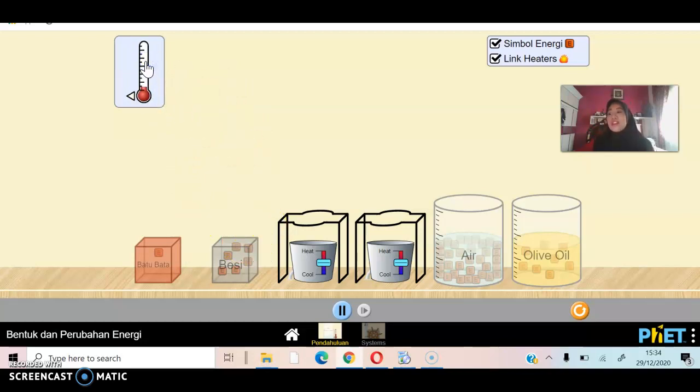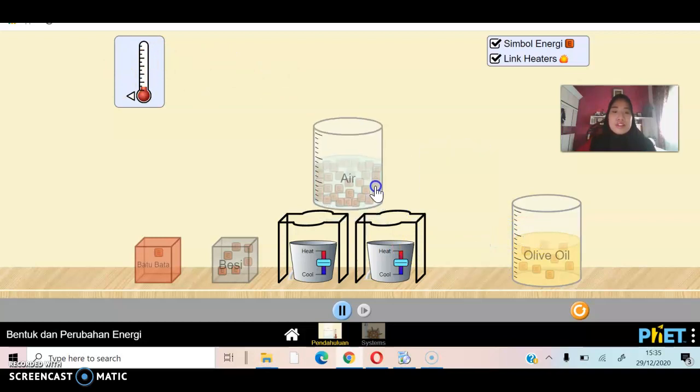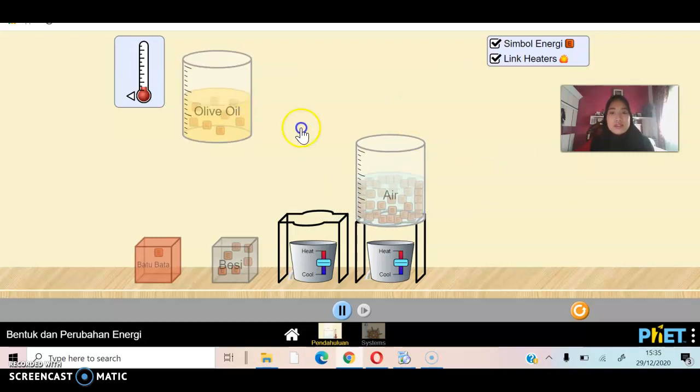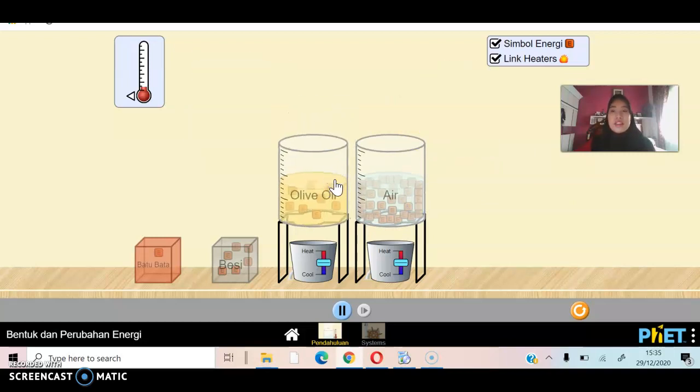Okay. Next, we do the same thing with the water and also the oil. We put the water and the olive oil on the heater. Okay, we put the thermometer in each object, and after that we heat them up.